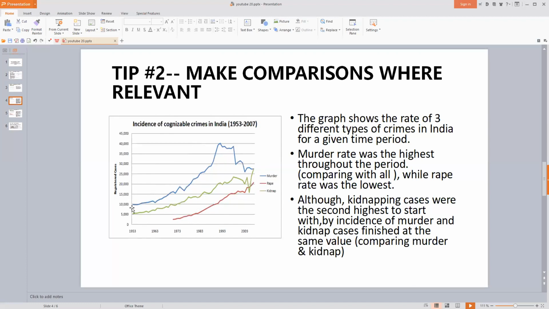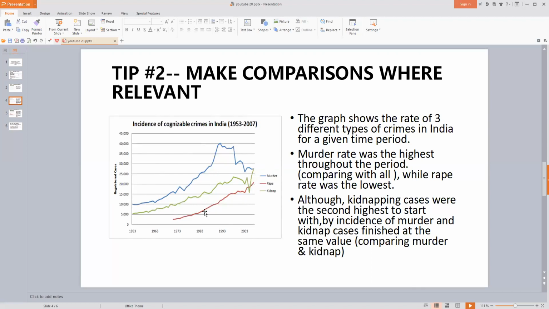We can see that from 1953 till 2003, murder rate was the highest. When I say the most number of cases was for murder, it means I'm comparing the murder rate with the other two. So I'm comparing with all.